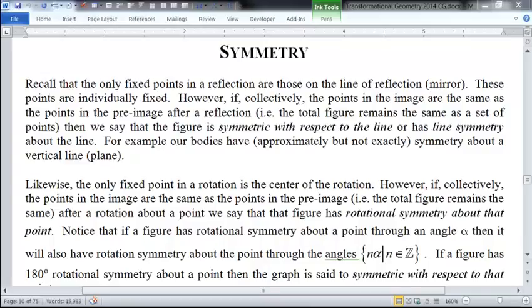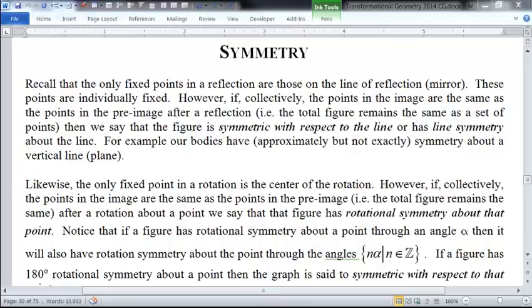And we can take that collective set of pre-image points, and they get mapped collectively to some image set. So if we restrict the domain of the transformation strictly to the points that are in that pre-image figure, then the range is a congruent figure if we're talking about an isometry, the set of image points.